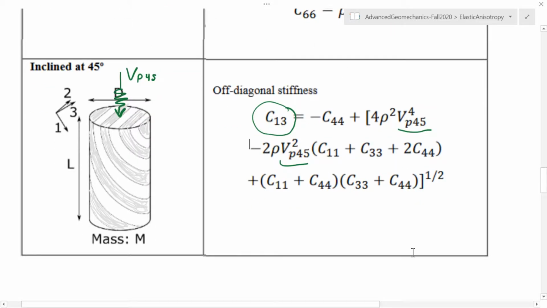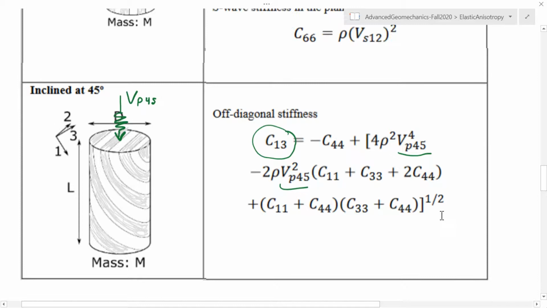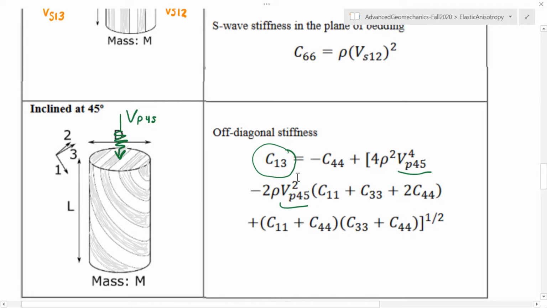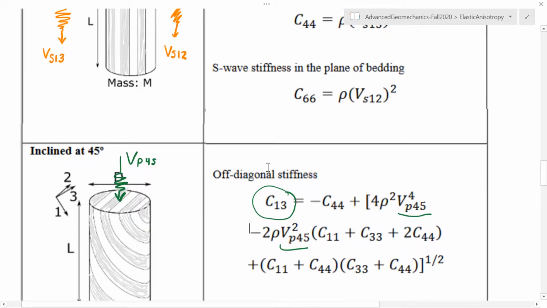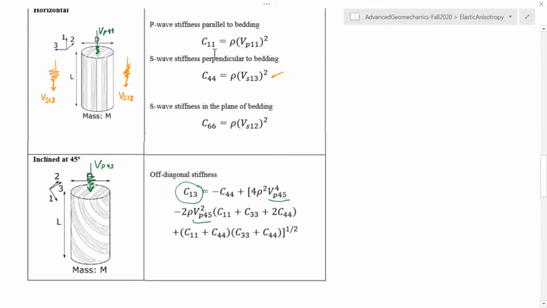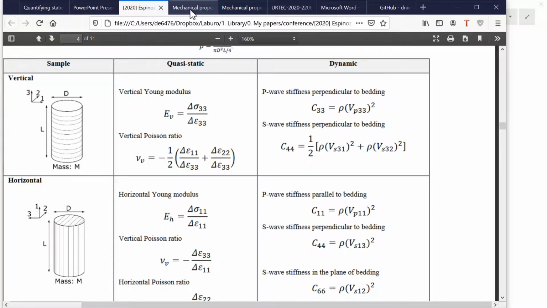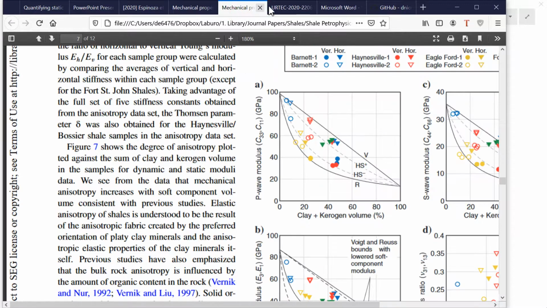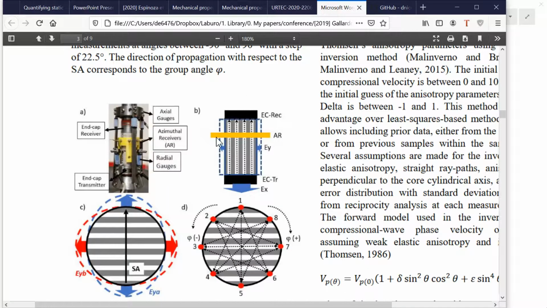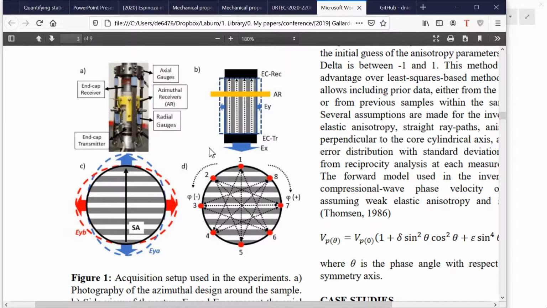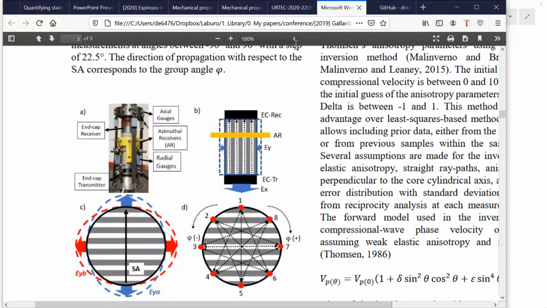You could also use some other more complex methods in order to obtain all the Cij from dynamic testing. I have one example over here of a work of my own with Gabriel.